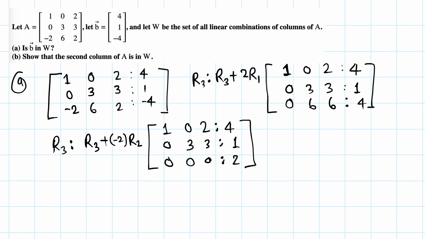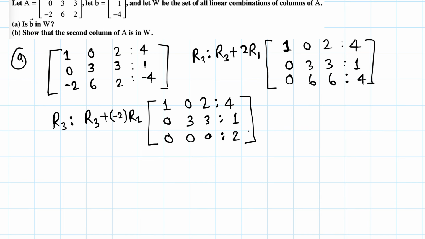If we do not consider the last column, then we don't have a pivot in each row. So 0, 0, 0 equals 2. Because of this, the system is inconsistent. That means we can't write the vector B as a linear combination of the columns of A. So is B in W?